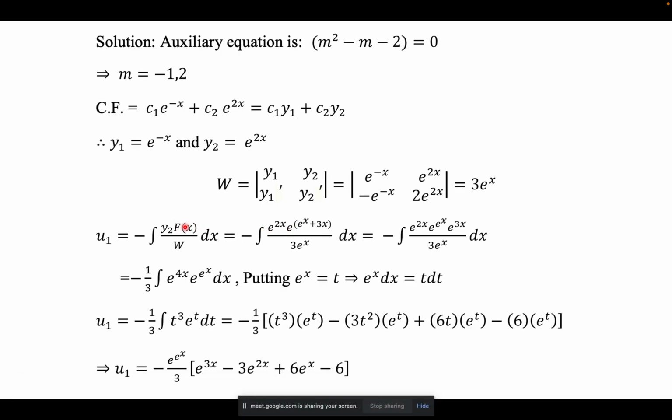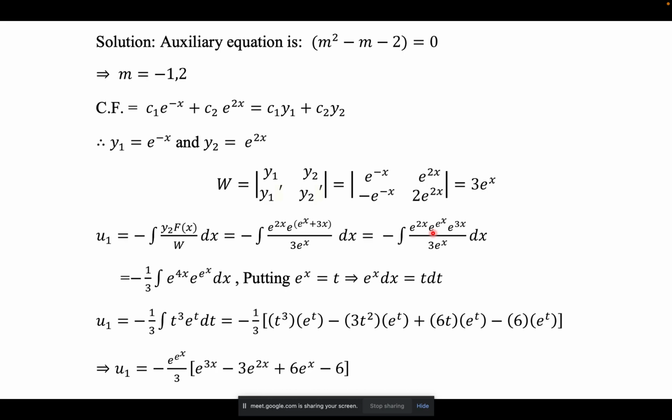And then the value of f(x), which is on the right hand side, is e power x plus 3x, because that is what is given in the equation, and then you divide it by the Wronskian. So the Wronskian is 3e^x, right? Now you can rewrite this equation. So you can expand this f(x) part, so you can write e power x times e power 3x, right?